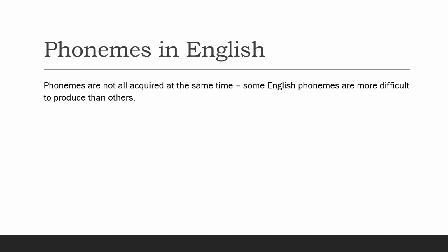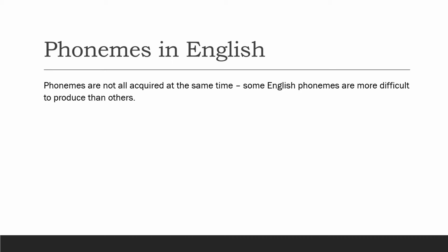If you put your fingers on your Adam's apple as you say them in pairs, you'll find there's more vibration in the throat on the b sound than there is on the p sound, and that's because the b is voiced. Other pairs are things like k and g, so k is the unvoiced, g is the voiced.